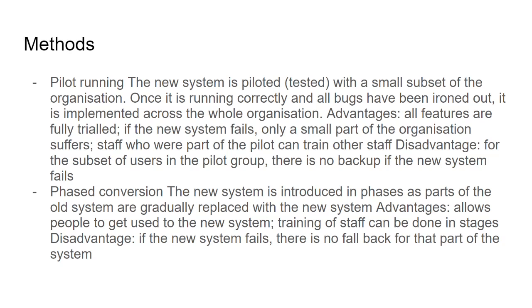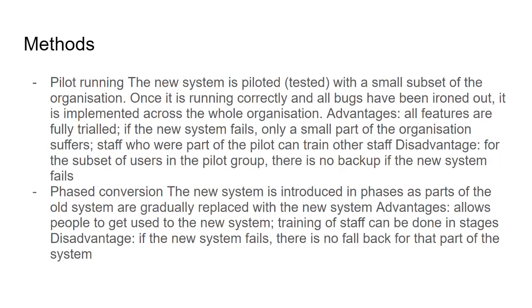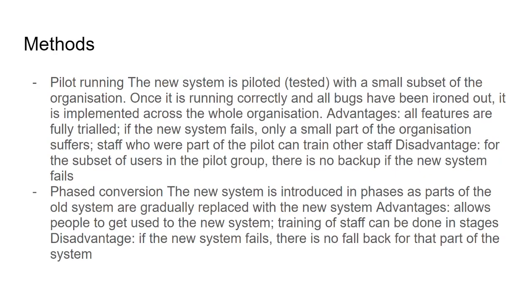Usually the disadvantage for most of these is that if the new system fails, there is no fallback, because the old system is lesser used or completely removed in the case of direct changeover. So those are the methods, the alternatives when implementing a new system. These are the four ways which we just discussed.